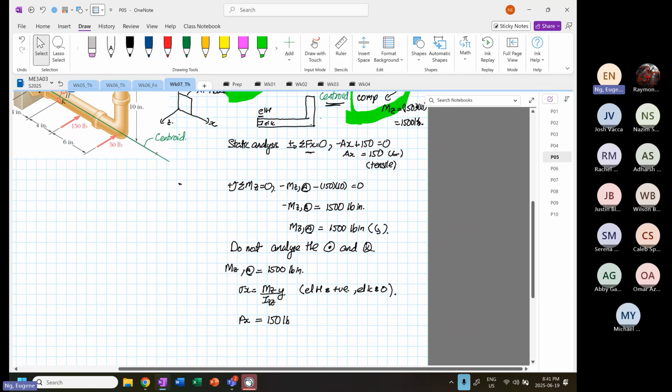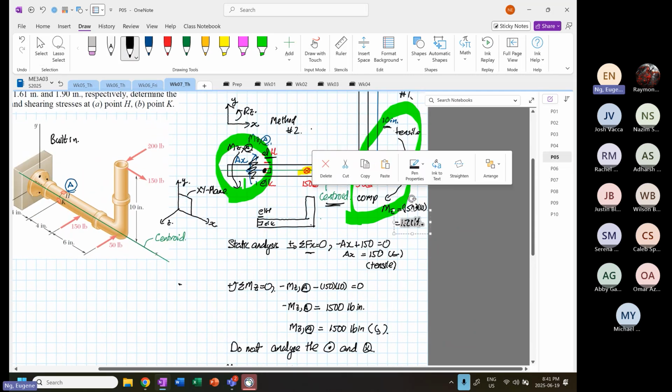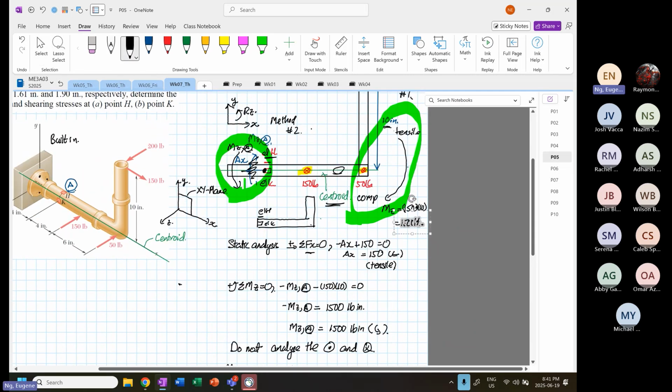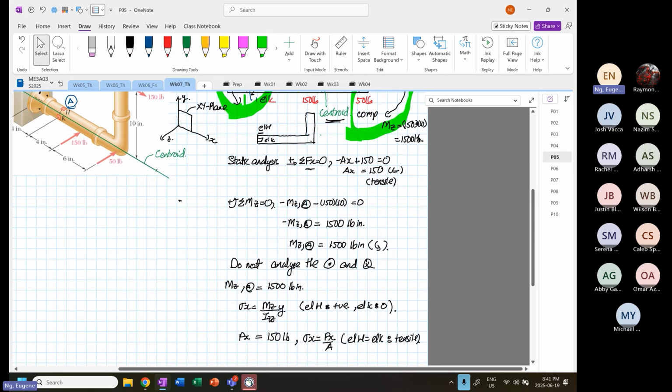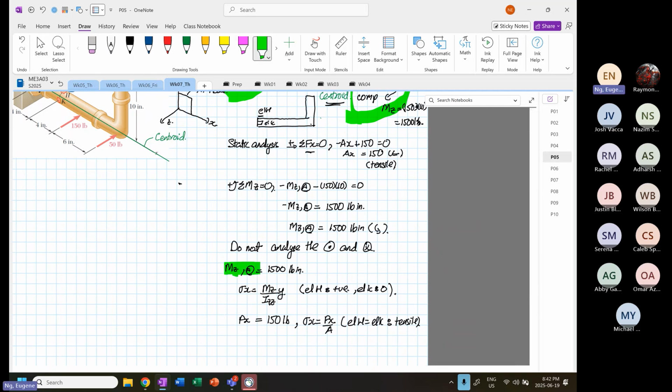If we apply the formula stress X is equal to PX over A, element H will be equal to element K, and both are going to be in tensile. If you look down here, it's pulling away also, so it's going to be tensile. This is what I call in-detail analysis, generated based on moment Z at point A.